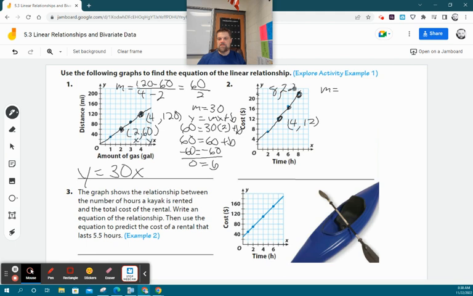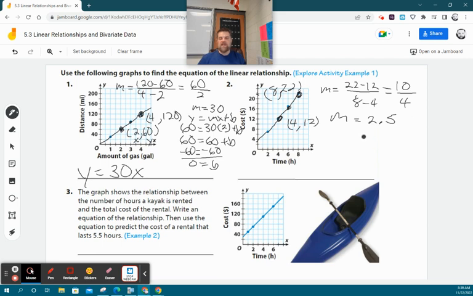So m equals 22 minus 12 all over 8 minus 4. This is going to be 10 divided by 4. If you plug that in your calculator, it's 2.5.